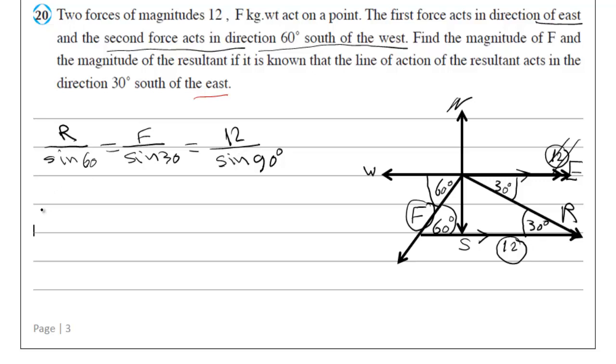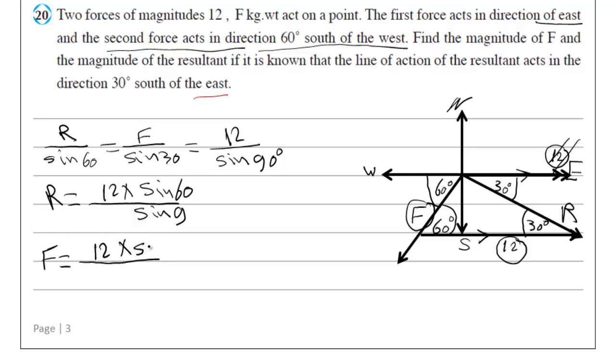Cross multiplication. R equal 12 multiply sine 60 over sine 90, and F equals 12 multiply sine 30 over sine 90, and we calculate both.